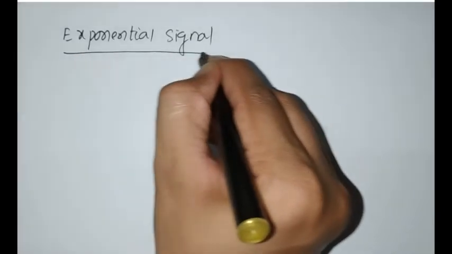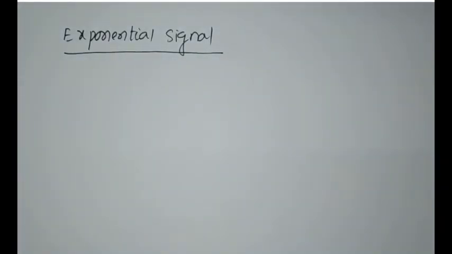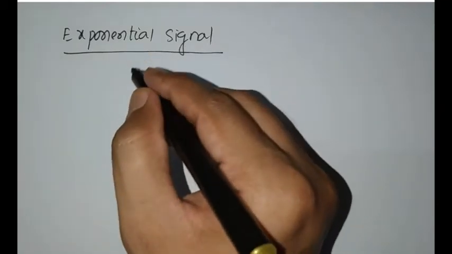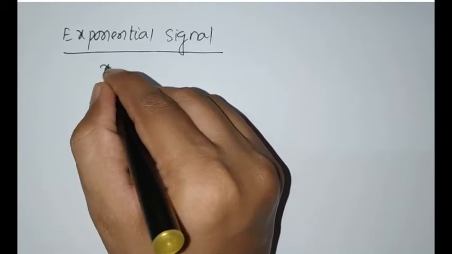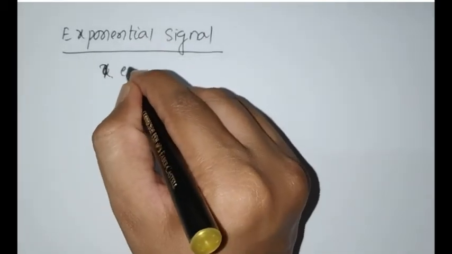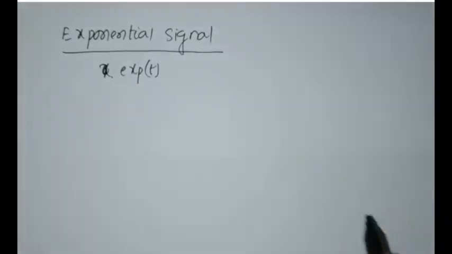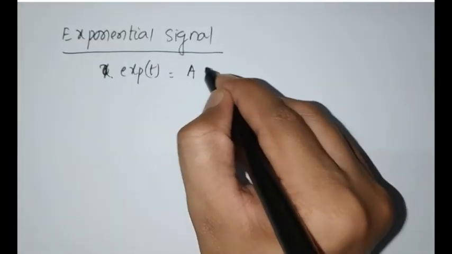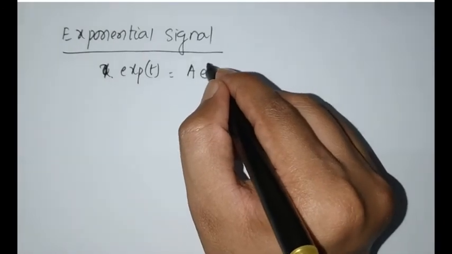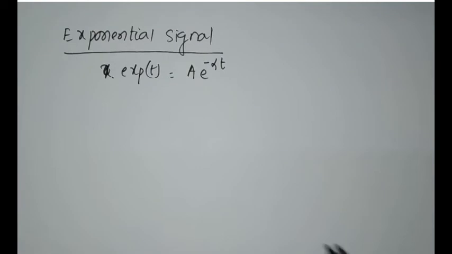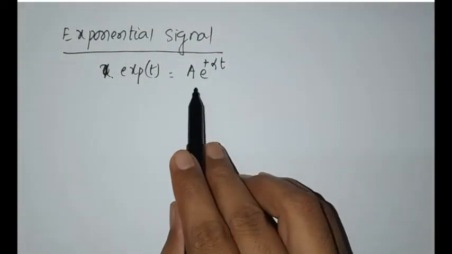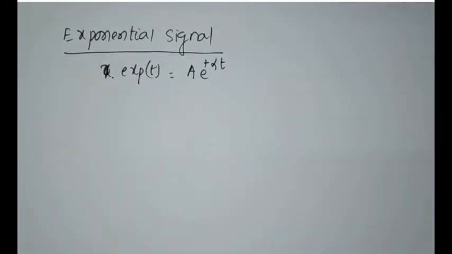We will use them from time to time when required. How can you define an exponential signal? The exponential signal is defined as a e to the power minus alpha t, or you can take a e to the power plus alpha t also, no problem. The exponential signal equals a e to the power alpha t.